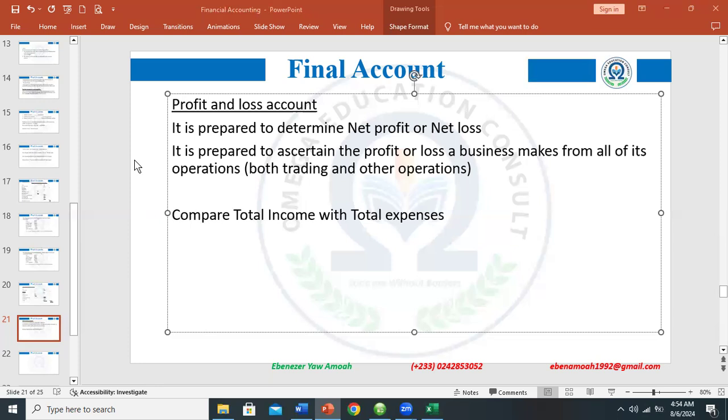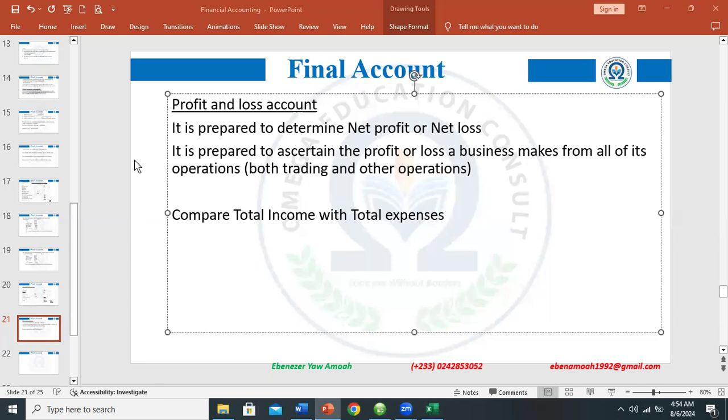For example, she could store the tomatoes for customers who have bought tomatoes but have not taken delivery. Okay, so she can store and preserve the tomatoes for them and charge them some commission. Okay, so that commission would also form part of the income of the business.